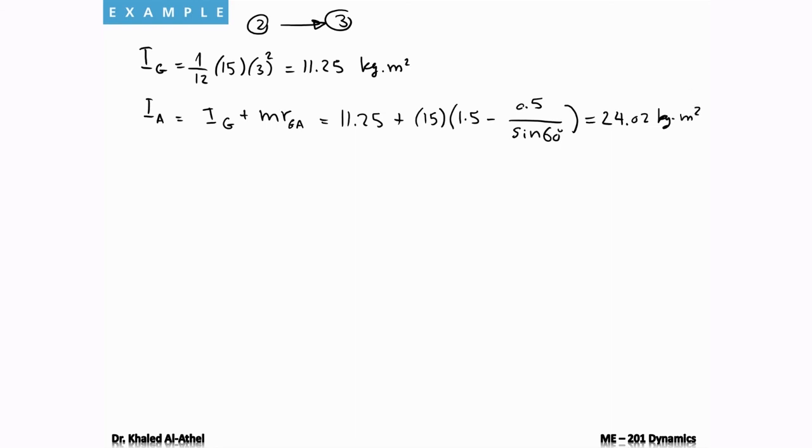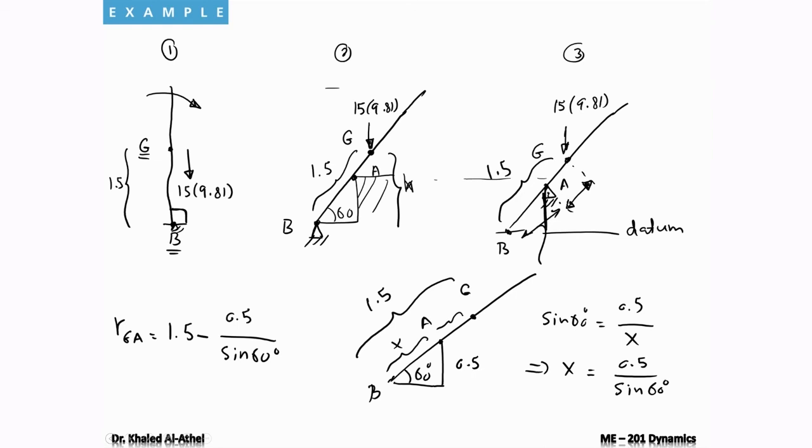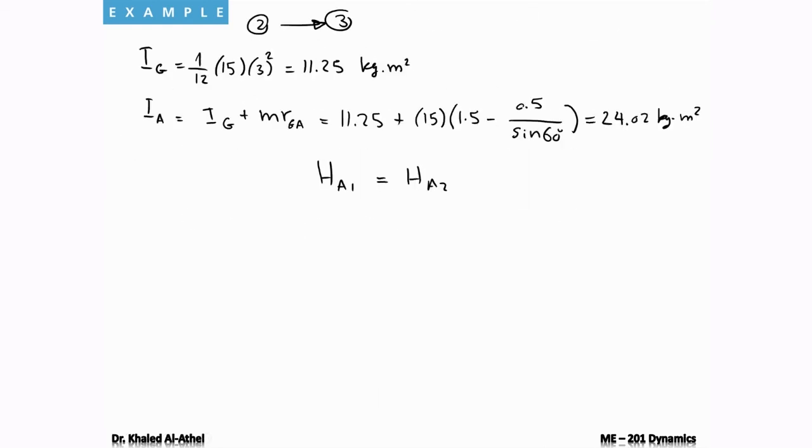meter square. Now, let's write the conservation of momentum. So it's going to be around point A. So HA1 should equal HA2. Let's look at HA1. What do I have now? So sorry, I should write it 2 and 3, not to confuse you.